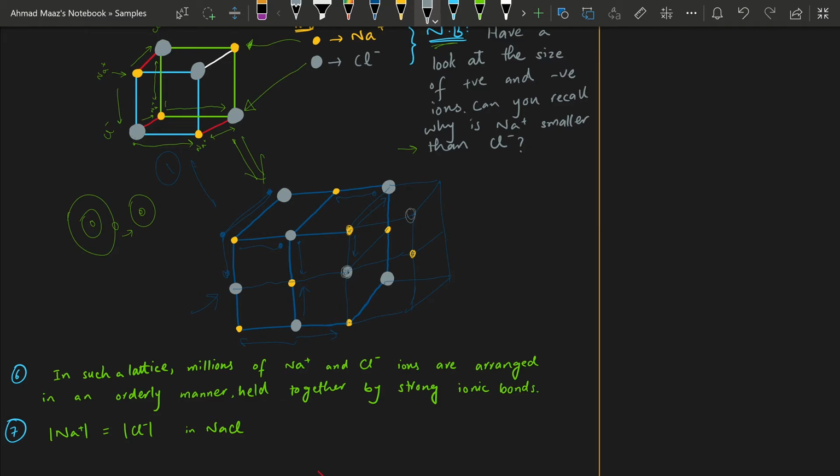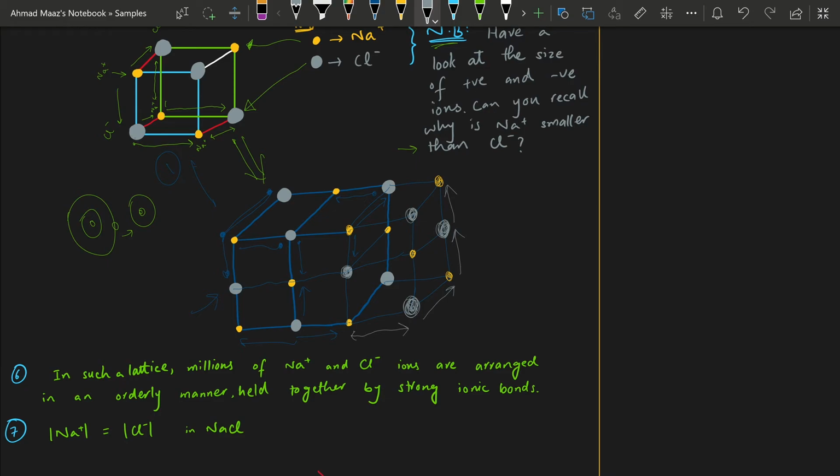Now it will be attached to a chloride ion over here, and this will be attached to a sodium ion over here, and then a chloride ion again, and then a sodium ion again, and a chloride ion again. So one sodium ion is attached to a chloride ion, and that chloride ion is attached again to a sodium ion. That is how it keeps growing.